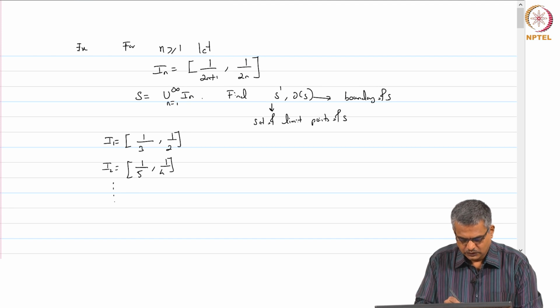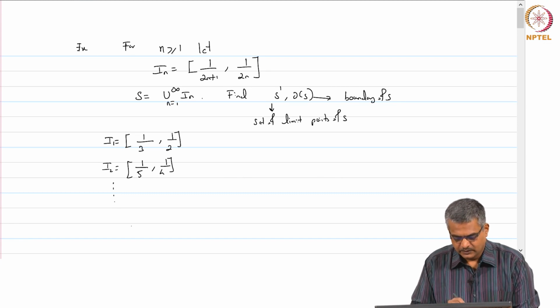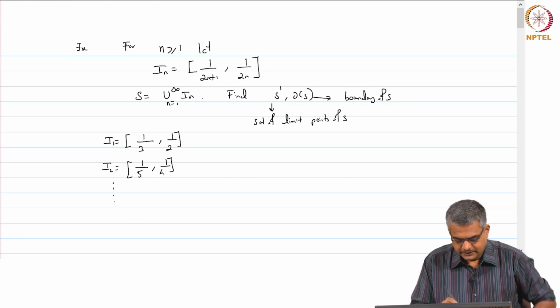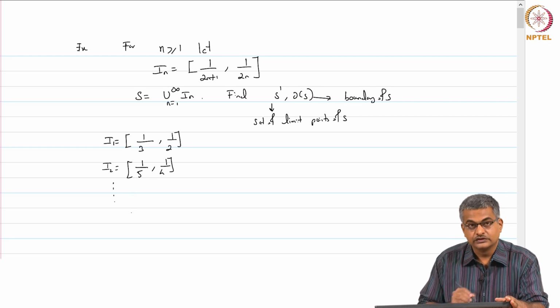The number on the left is decreasing, and so certainly as n increases you are approaching 0, and even the right hand side is decreasing.